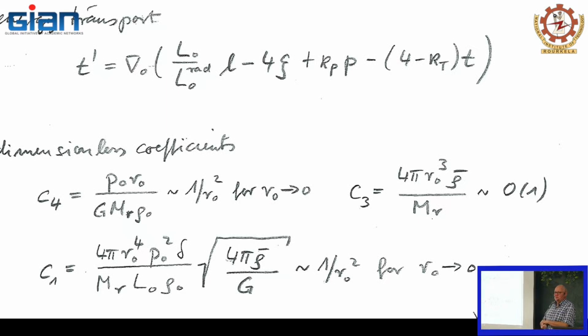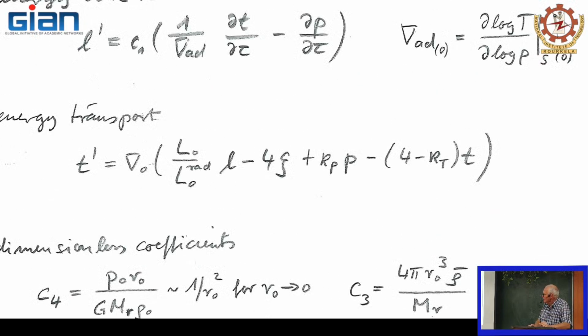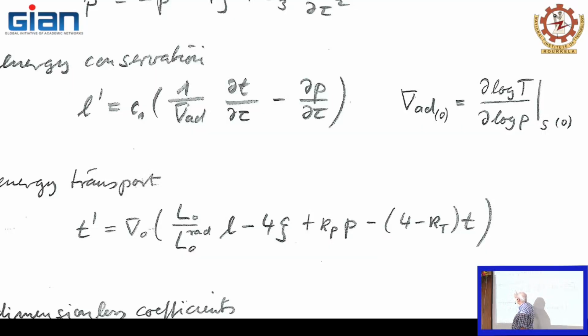Well, that's a bit of a problem if we want to solve these equations numerically. Once these coefficients diverge as we go to the center, what we'll do then is bring C1 to the left-hand side, so we have 1 over C1.